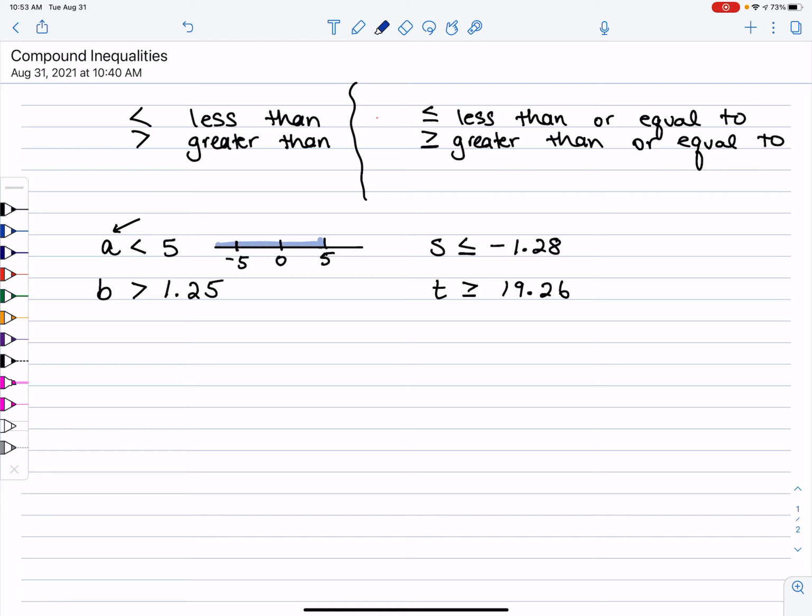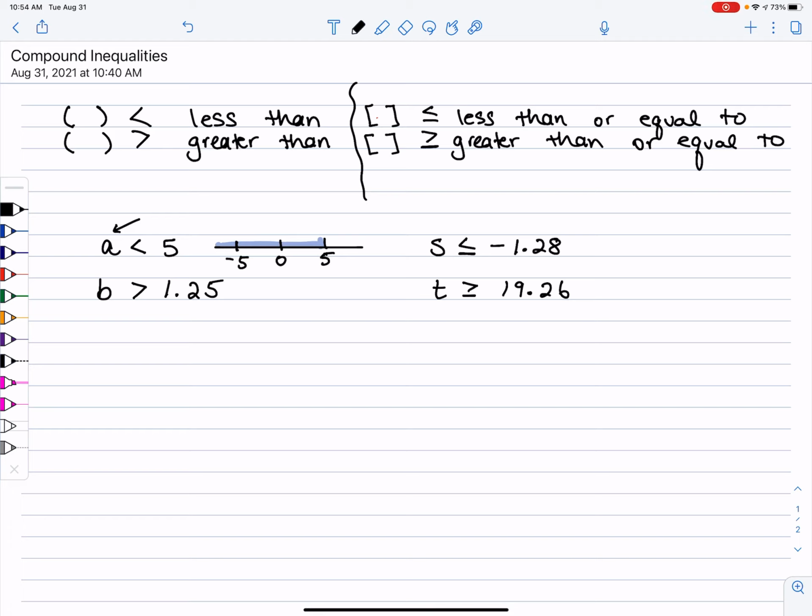Traditionally, when we're using a number line to represent an inequality, we use either parentheses or brackets. So when you have a less than or greater than inequality, we are going to use parentheses. If you have a less than or equal to, or greater than or equal to inequality symbol, you are going to use brackets.